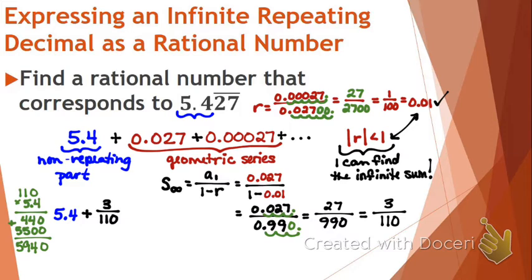Where should I put the decimal? Behind the 0? I've got to put it right here because we had 1 decimal place right here. So I have to move it over 1 place here. So 594 would be my numerator over 110.